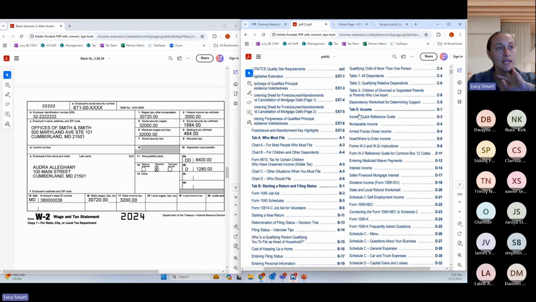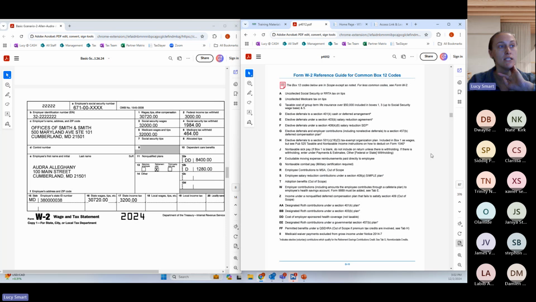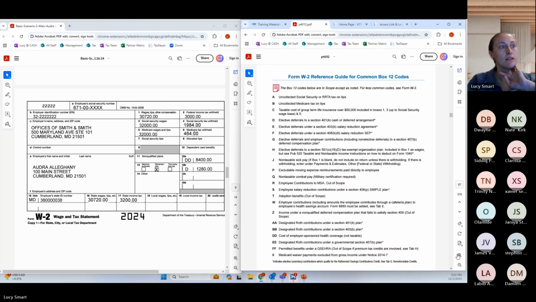It's under the income tab and under Form W-2 Reference Guide for Common Box 12 Codes, page D11. And you can see here, D, which is the 1280, is an elective deferral to a Section 401(k) cash or deferred agreement. 401(k) is a retirement account through your employer. So when we see code D, we think retirement and we think possibly eligible for the retirement savings contribution credit.